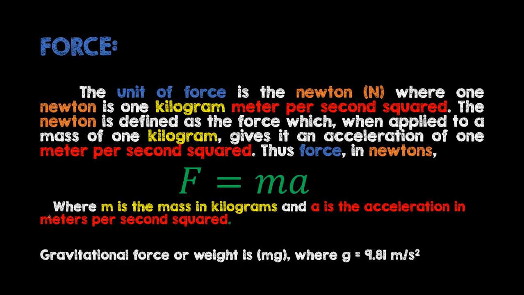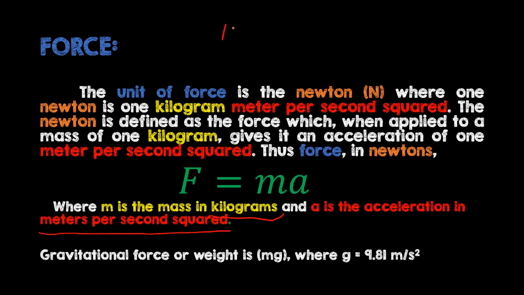Thus, force in Newton is equals to F equals to ma. So, force is equals to mass times acceleration. So, again, m should be in kilograms, and a acceleration is meters per second squared.